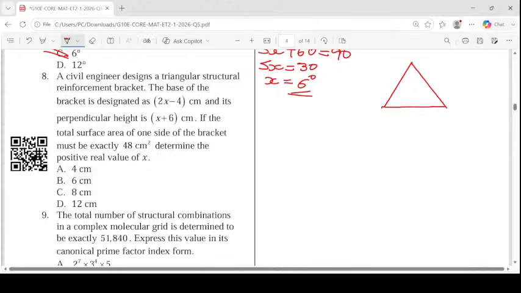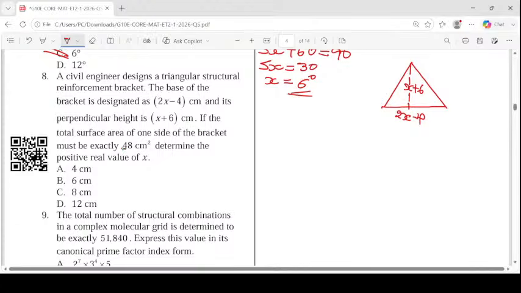Now, if the shape looks like that, I can have the base. They are saying the base is 2x minus 4. Then the perpendicular height here is x plus 6.